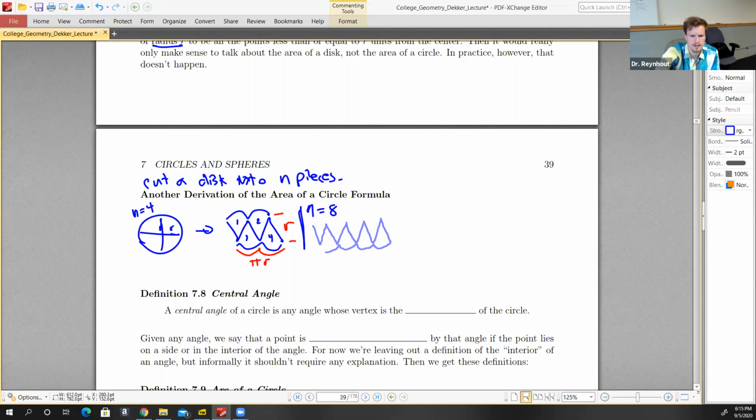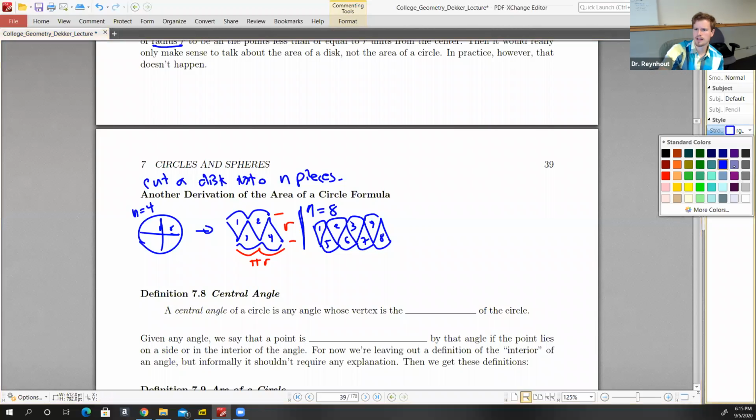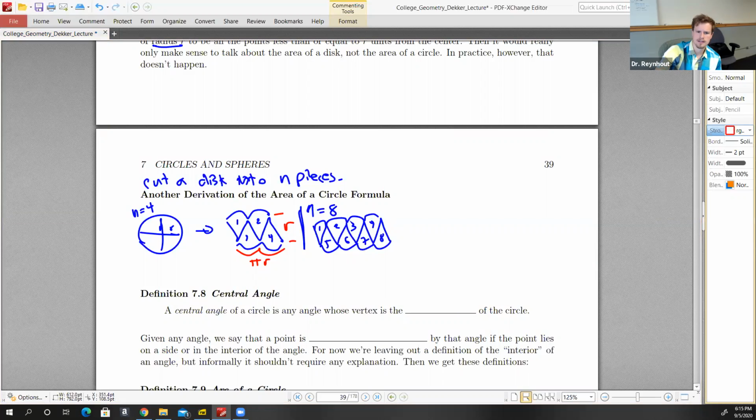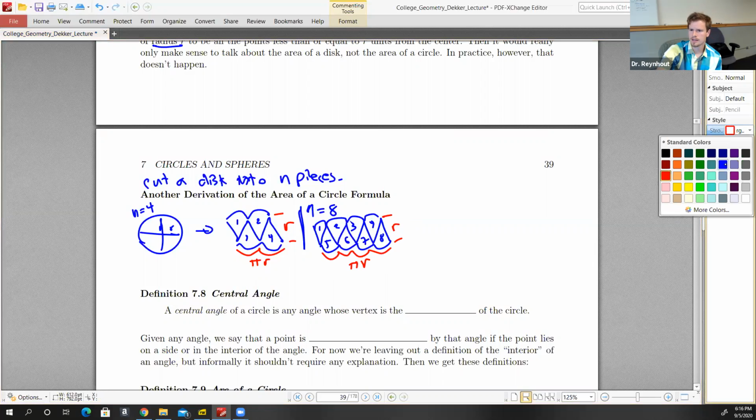Right, we have 8 pieces there. And we would have this length is r, and this length is pi times r, right? It doesn't change, it stays exactly the same.